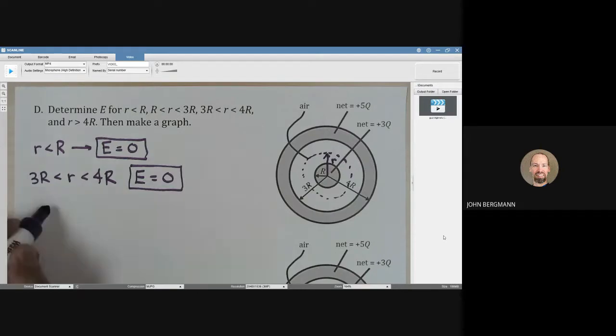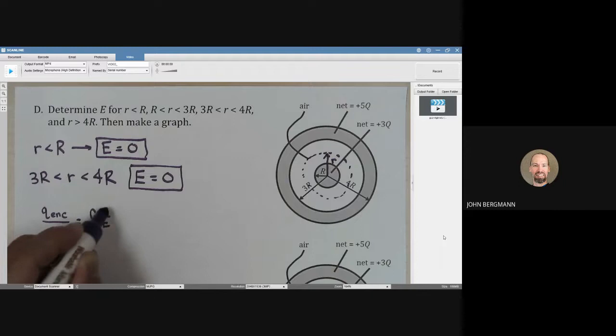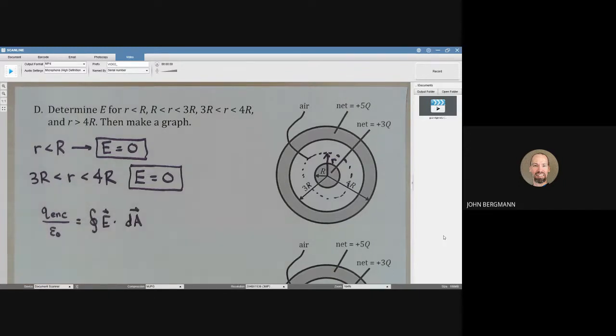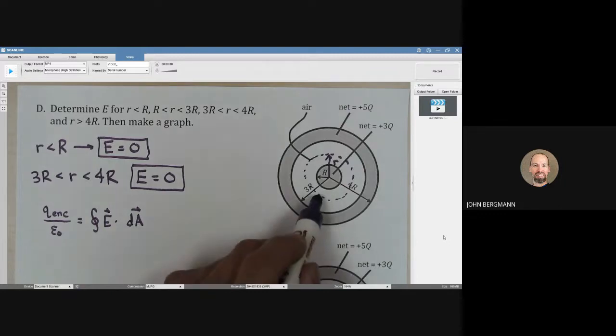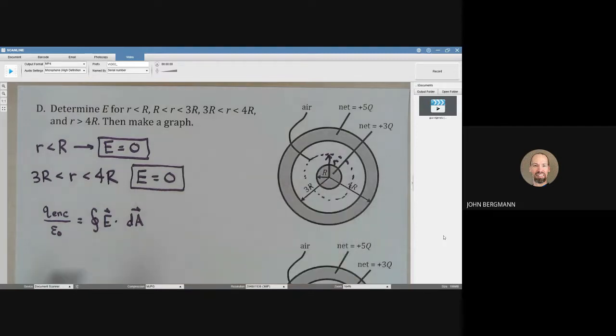So let's use Gauss's law. Here we go. Q enclosed divided by epsilon naught is equal to the integral of E dot dA. Now, what's the charge that's enclosed in our Gaussian sphere here? It looks like the charge that's enclosed is plus 3q. That's it, whatever's at the surface of the cannonball. So I'm going to change the numerator on the left side to 3q.